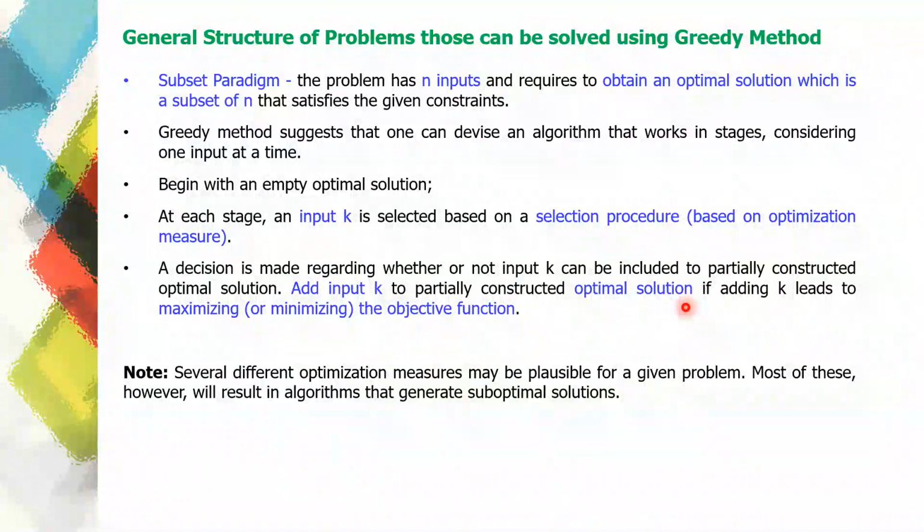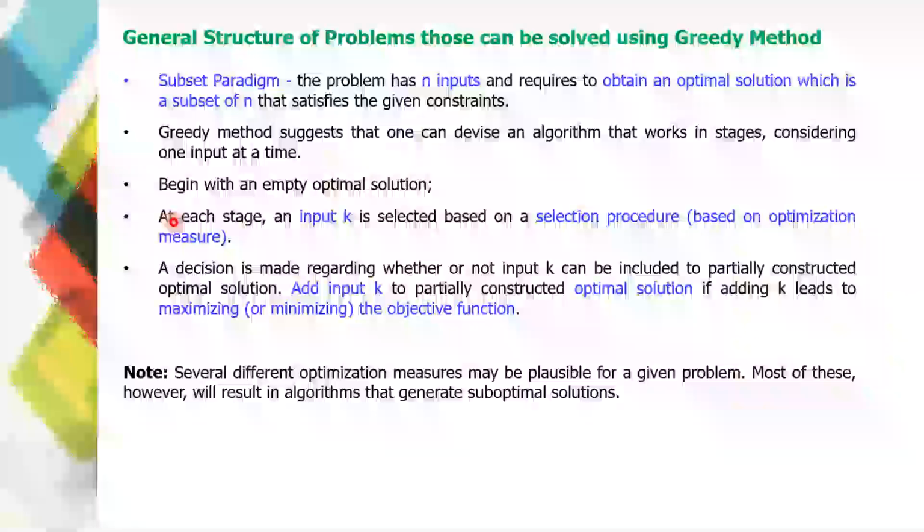Otherwise, do not include k in the solution. So at each stage, you select an input k by using the selection procedure and decide whether you want to include this input in the solution or not, depending upon the objective function.